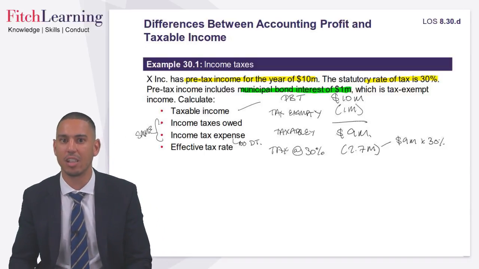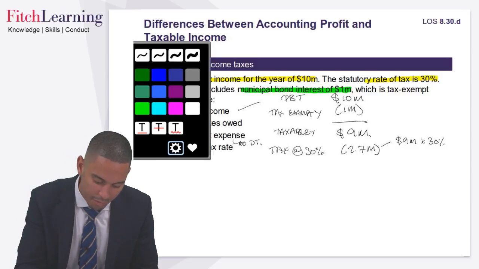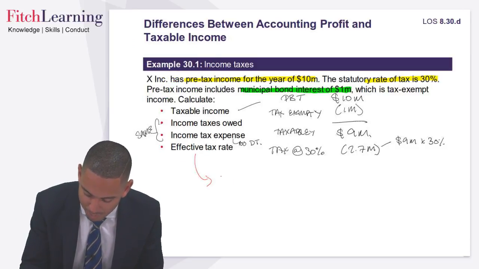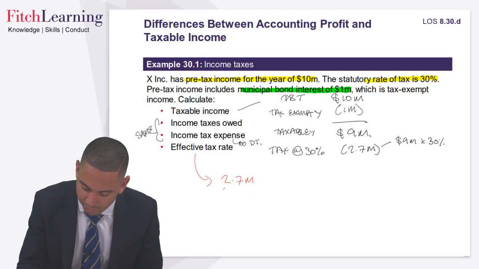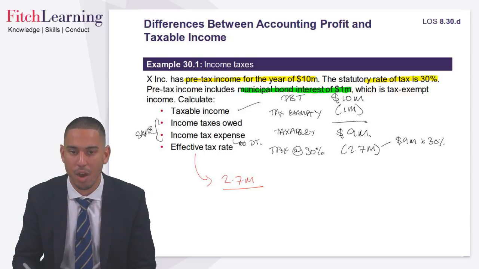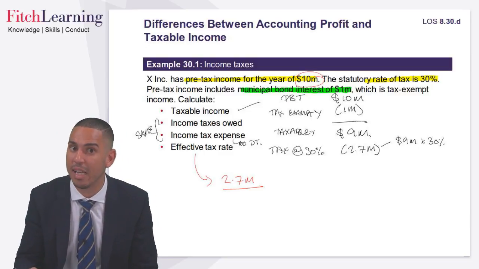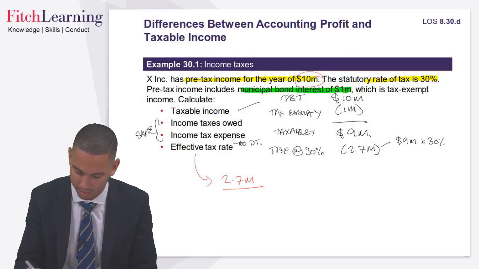So both of these are going to be 2.7 million. My effective tax rate, I hope you haven't forgotten, is going to be my tax expense in my income statement divided by my profit before tax, which is the 10 million that goes through my income statement.